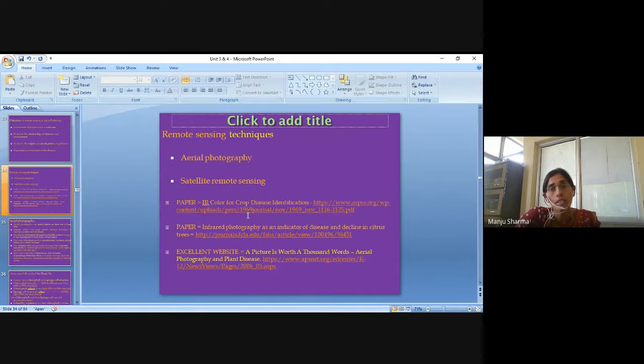Then, remote sensing techniques. Two techniques are there: aerial photography and satellite remote sensing.